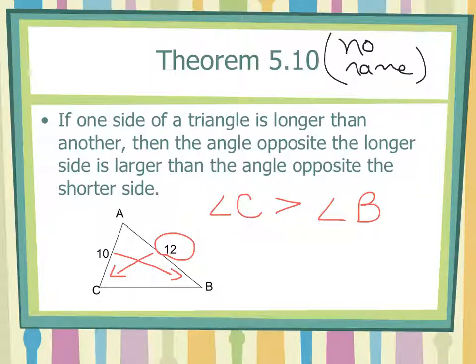So the biggest side is opposite the biggest angle, and the smallest would be opposite the smallest. Does that make sense? Common sense. So 12 is bigger than 10, and so we could see that C is the bigger angle because it's opposite the bigger side. Anybody need the slide?